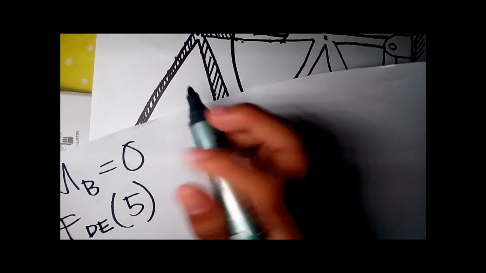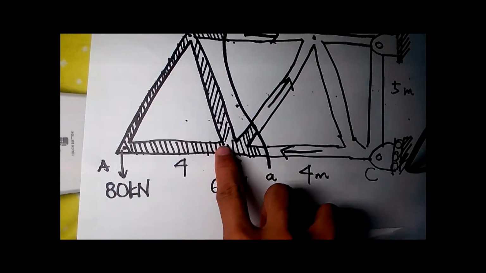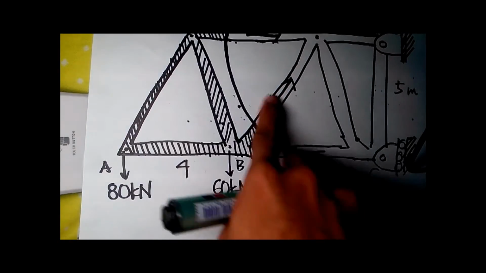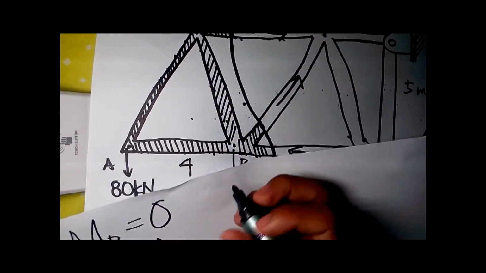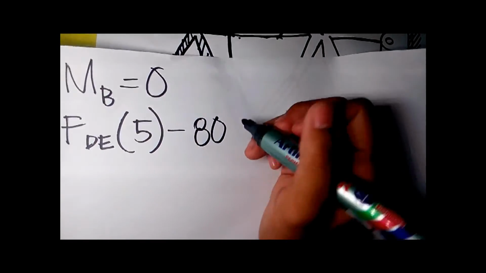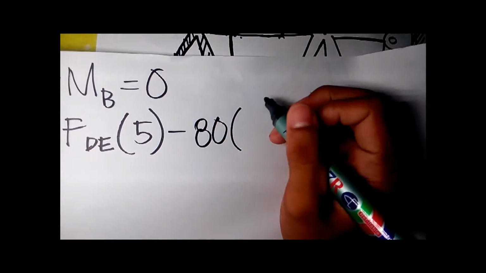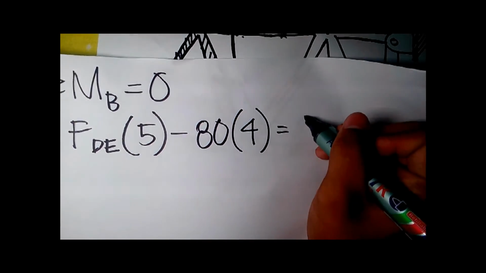So since it is counterclockwise about point B, it is negative, so minus 80 multiplied by 4 is equal to 0.